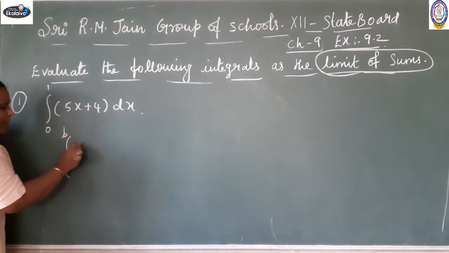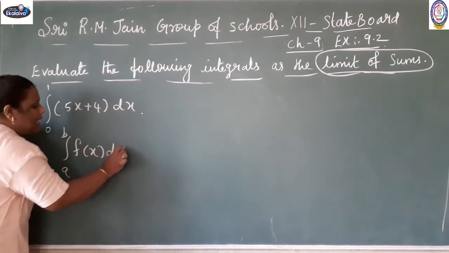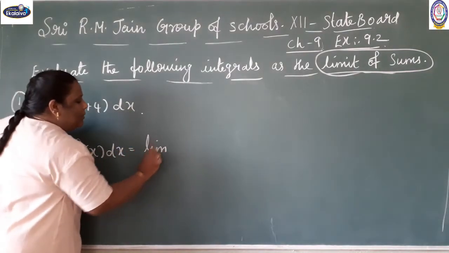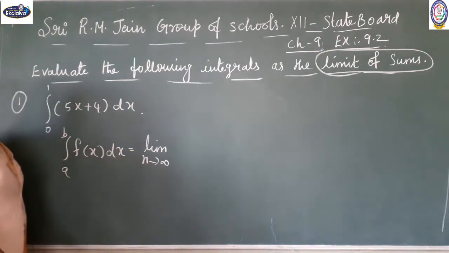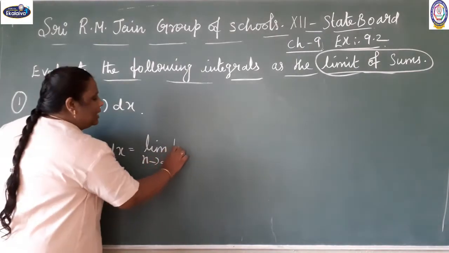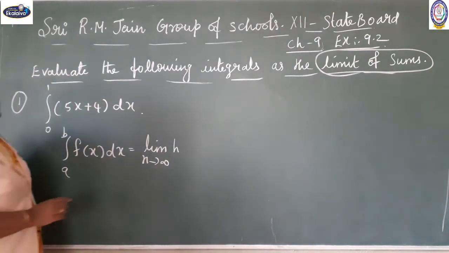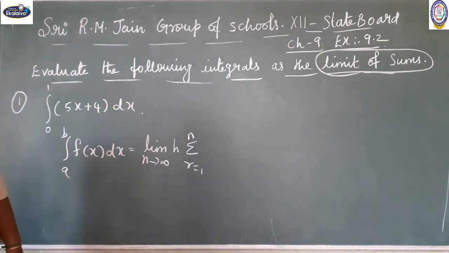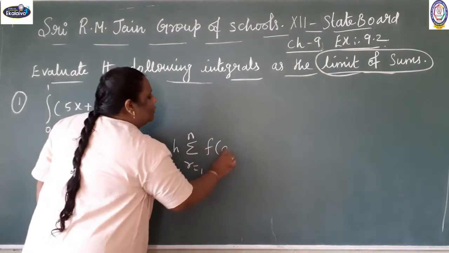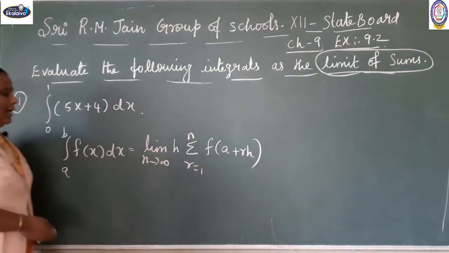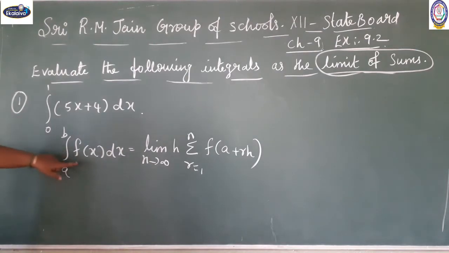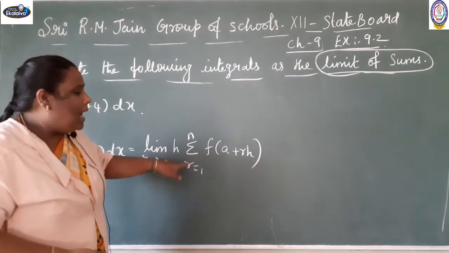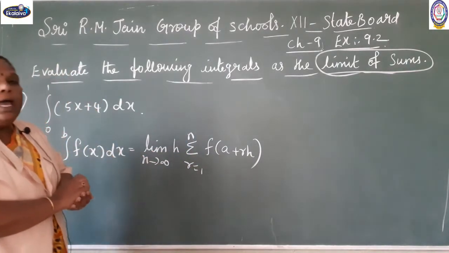Integral a to b f of x dx equals limit n tends to infinity h sigma r equal to 1 to n f of a plus r h.